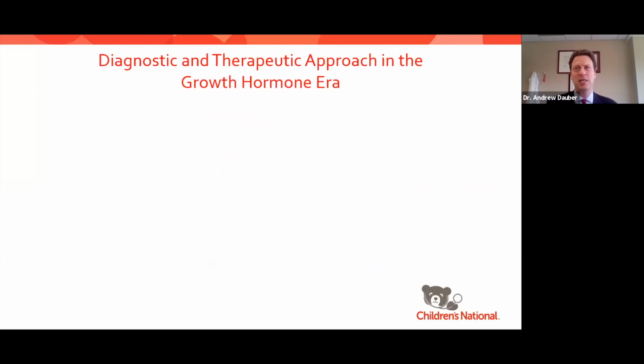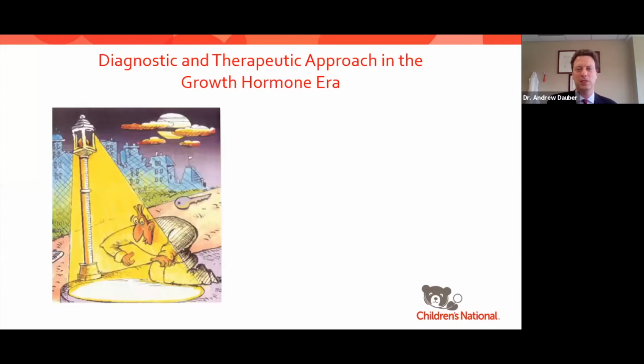And I think that there are two adages that really well describe the diagnostic and therapeutic approach in the era of growth hormone. I say this with a little bit of a joke, but I think there's some real truth behind these adages.